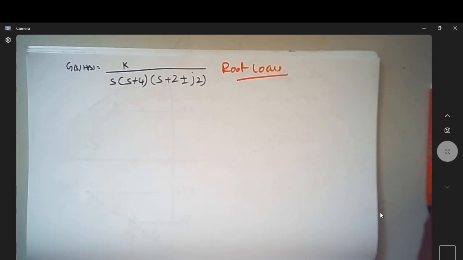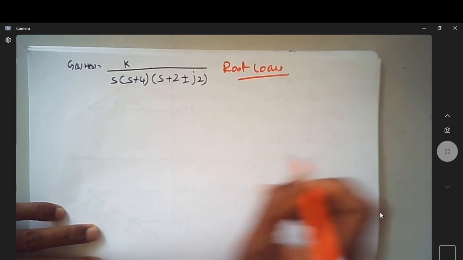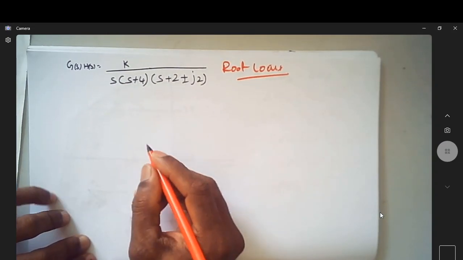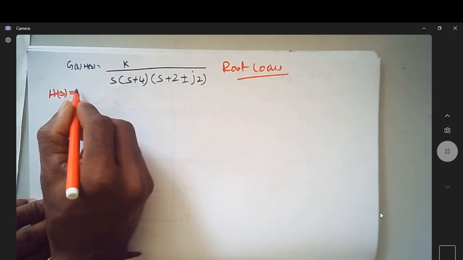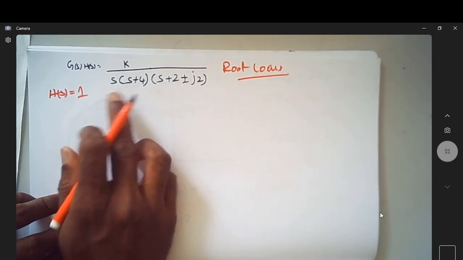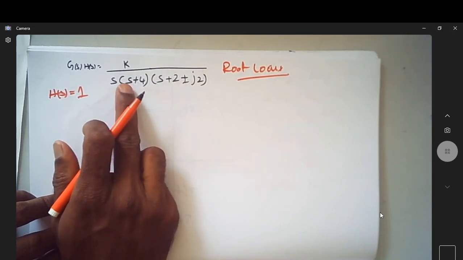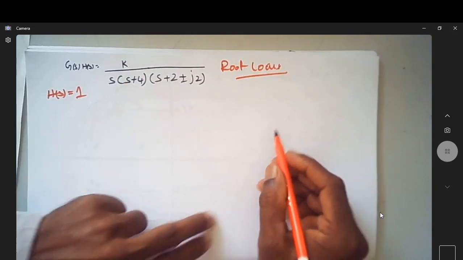Okay, let us see how to plot the root locus for this open loop transfer function. Here we are considering that the feedback is negative and H of s is 1. So this is the open loop transfer function of a certain system.